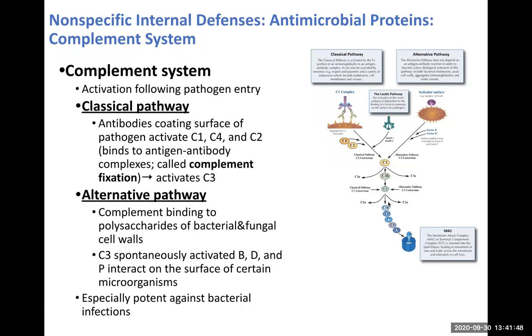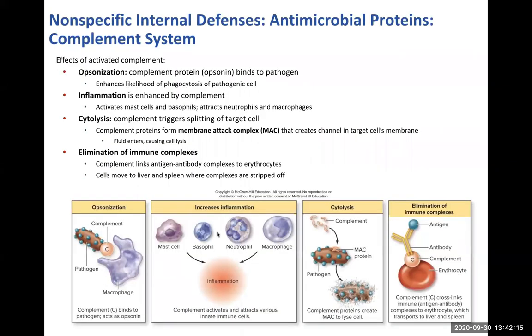I don't expect you to know that, but I do want you to know that the classical pathway is activated by antibodies that coat the antigenic surface of a pathogen, and the alternative pathway works by having complement bind directly to the antigens on the bacteria or the fungal cells or any other pathogen we're talking about.